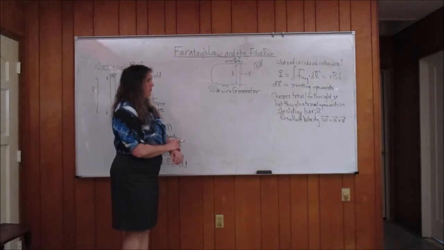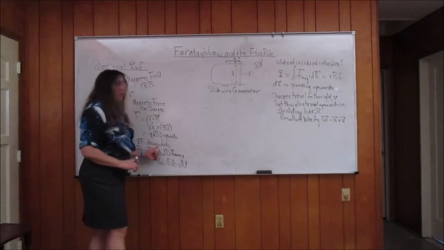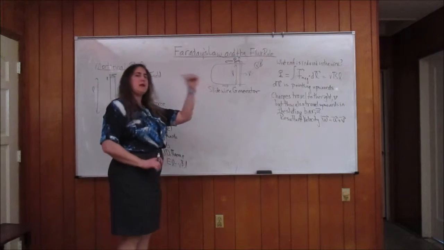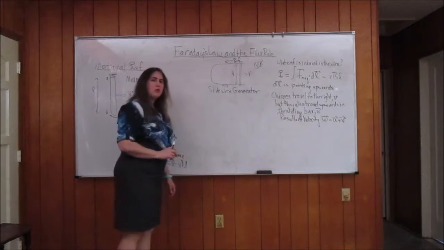Since there are two components of the velocity, we again have magnetic force upwards, but then there's also going to be a magnetic force to the left as well because of this upward motion of charges.